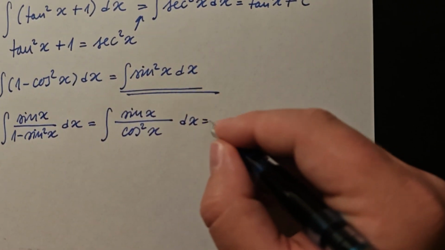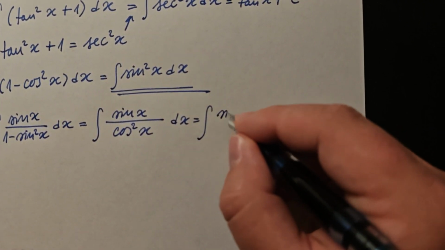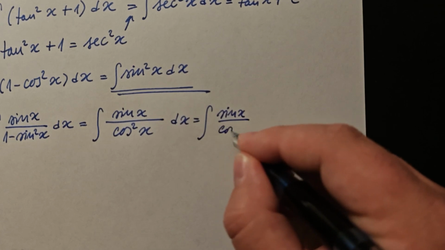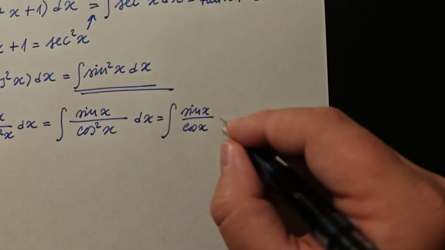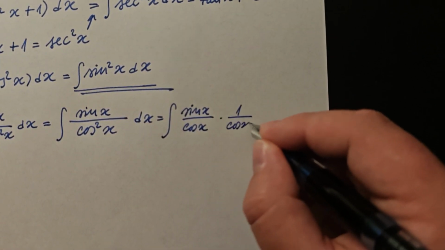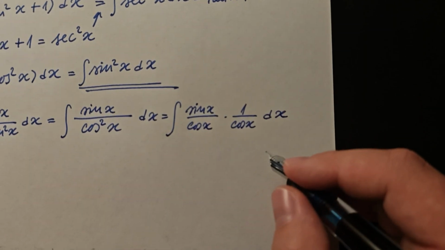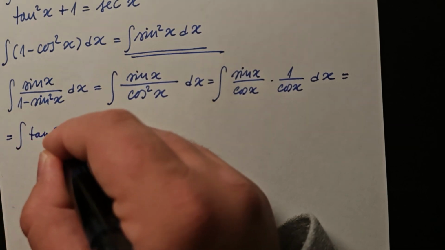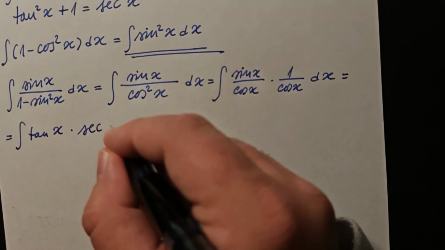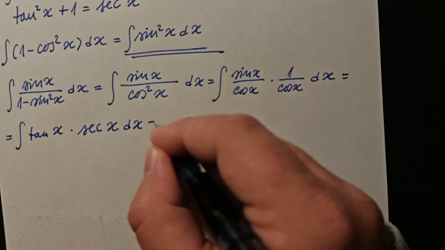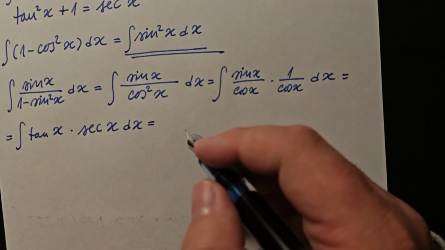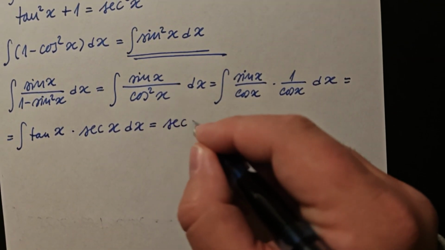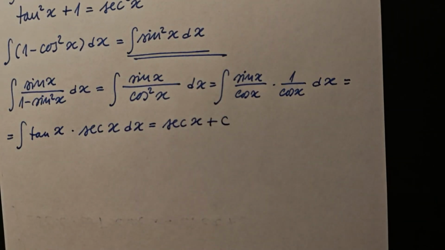And as you can see, we can transform this into sine of x divided by cosine of x multiplied by 1 over cosine of x dx. So this is then going to give us an integral of tan of x multiplied by secant of x dx. And as you know from the table, this is just secant of x plus a constant c.